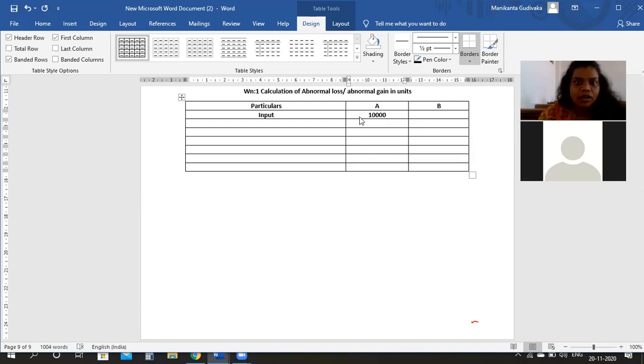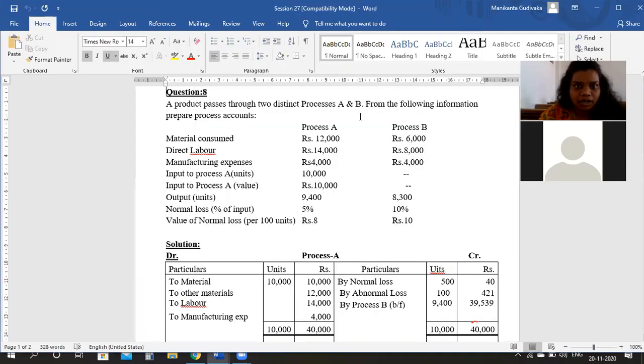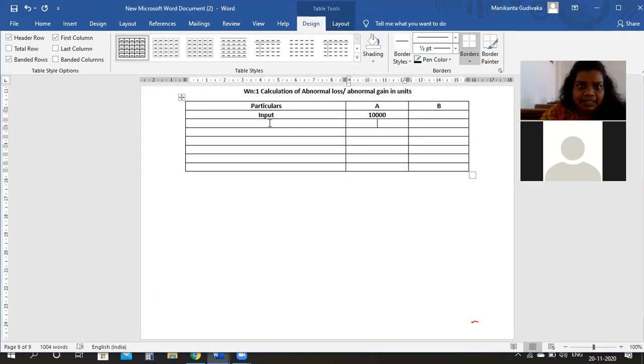Then we have to subtract our normal loss. Now the normal loss percentage is 5% for A. Less normal loss, here we have 5%. Please calculate 5% and tell me. 10,000 into 5% gives you how much? 500. So that needs to be subtracted.